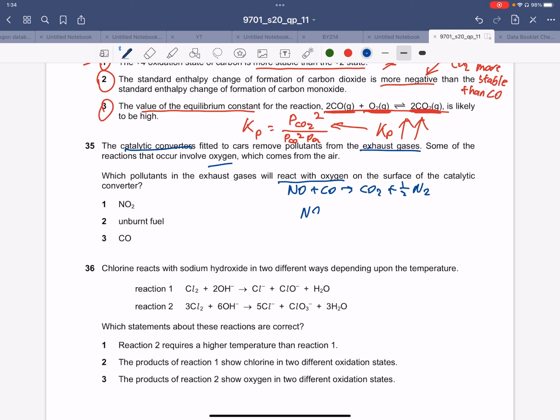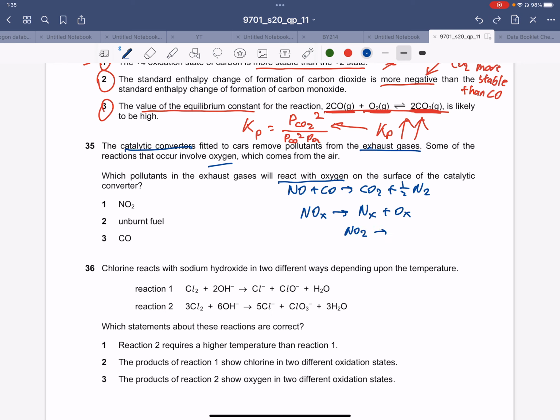So if you have any multiple of NO, so NOx, that could be NO, NO2, NO3, NO4, so on, you'll actually split that up into Nx plus Ox. So it actually splits up into different molecules like that. Most commonly you have NO2.